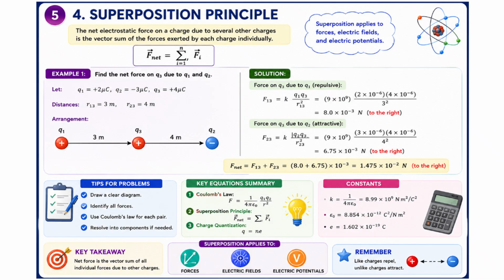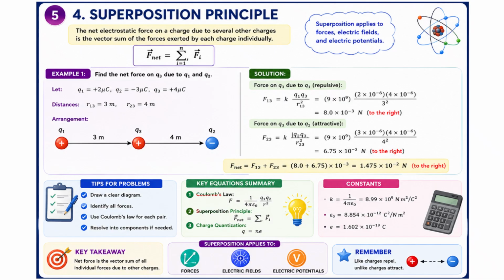Okay, so what is the superposition principle? What is it telling us? This principle is applied when several charges act simultaneously on a test charge. So the net electrostatic force is the vector sum of the individual forces exerted by each charge.